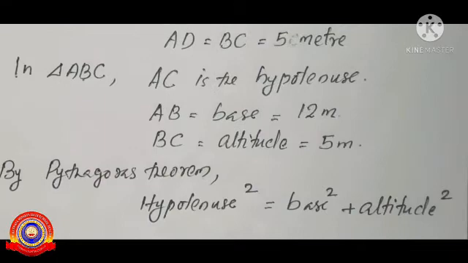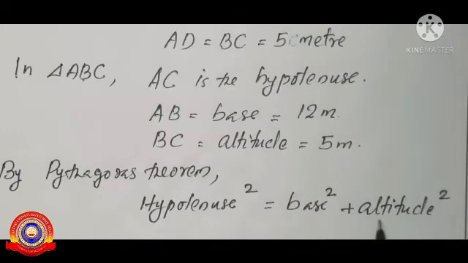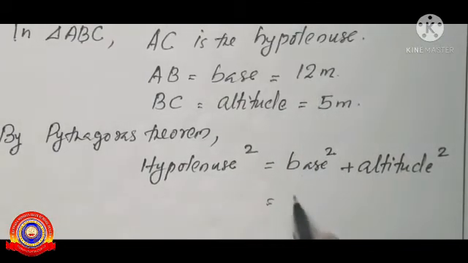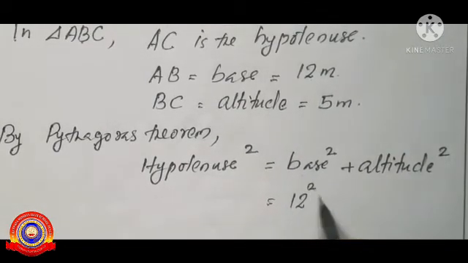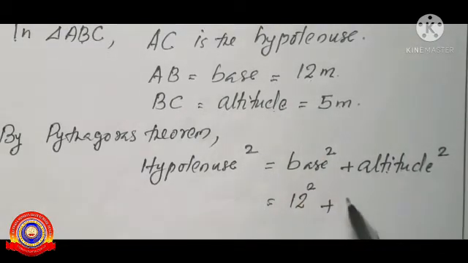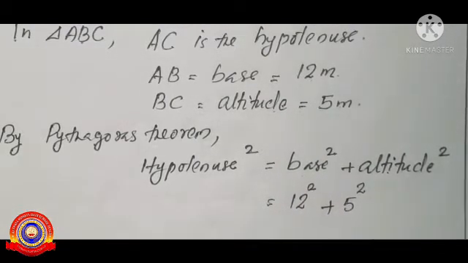Then by Pythagoras theorem, hypotenuse square is equal to base square plus altitude square. Which is equal to base 12 meter, 12 square plus altitude 5 meter, 5 square.